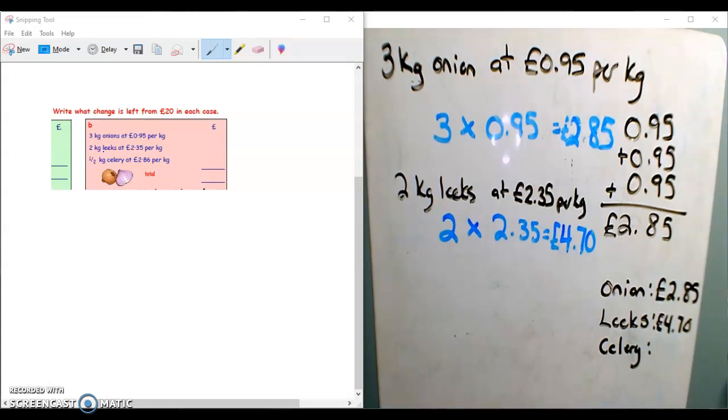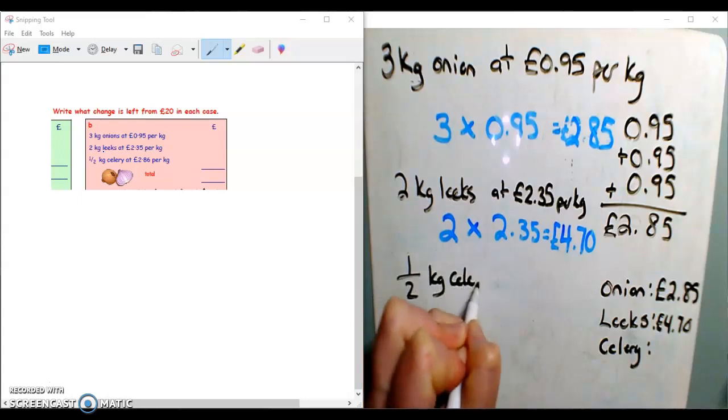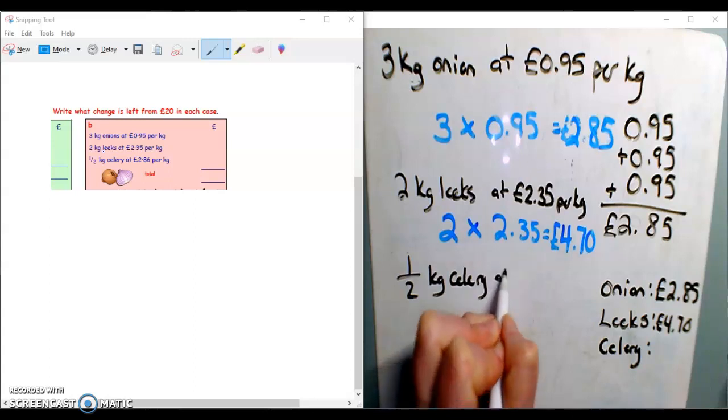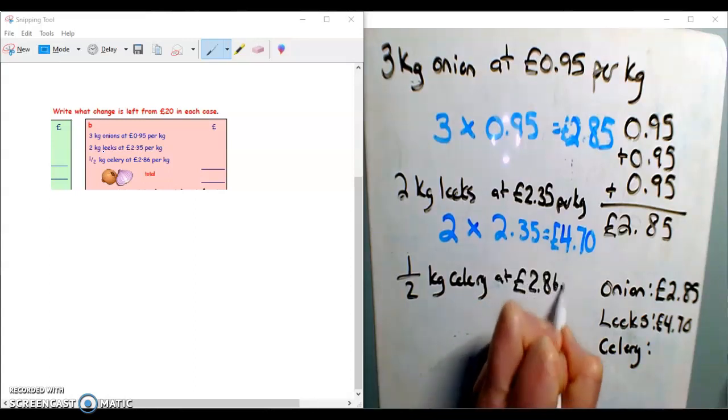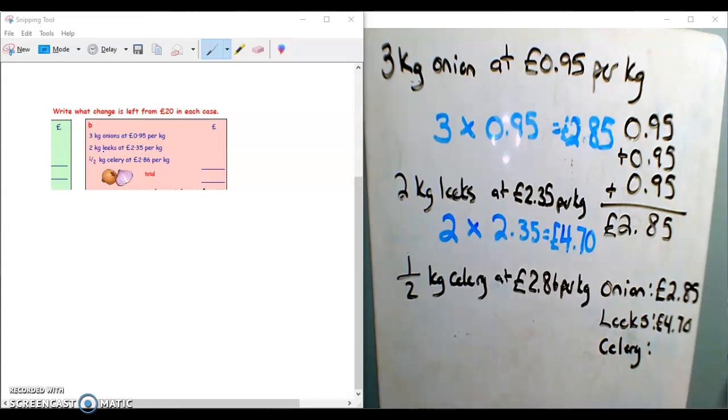Now we need to work out the celery. We're going to only buy half a kilogram of celery, but it costs £2.86 per kilogram. So how am I going to do this? Well, we know a half is the same as 0.5.